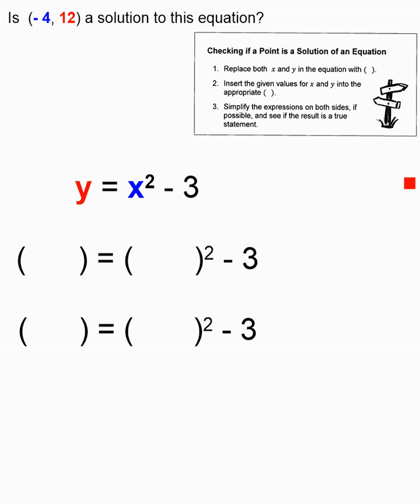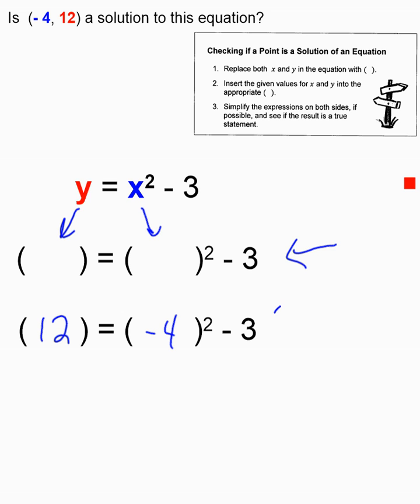So let's try a slightly more difficult one. This is one where you really want to make sure that you do the procedure where you replace the variables with open parentheses. So that's the first step, is to just write with open parentheses, and now we're going to write in the variables. So y is 12, x is -4.